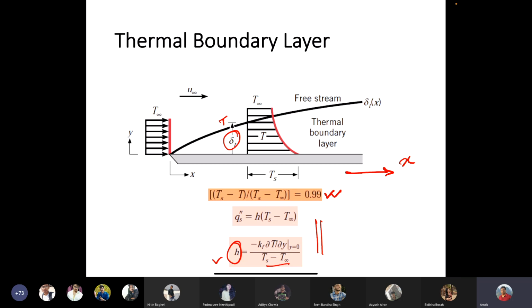Now as we increase x, this del T by del y at y equals 0 goes down. And for that reason, this h is strongly dependent on this value, and so is the surface heat flux.